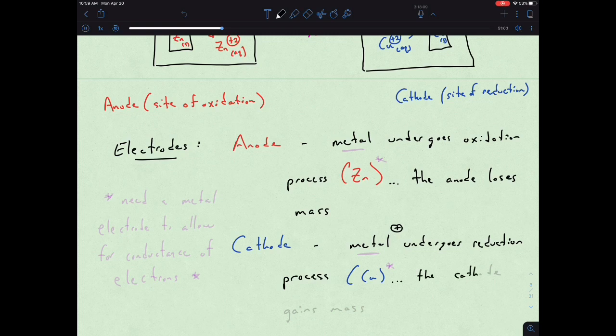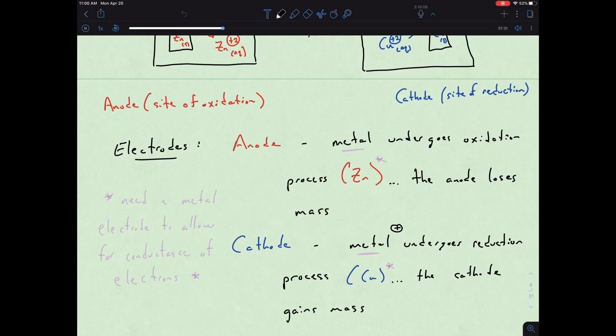The cathode actually gains mass. So with these two reactions happening, one at the anode, one at the cathode, these two half reactions happening, we're talking about a process of something losing moles or mole transfer, in terms of the solid going to something aqueous, or the opposite process.